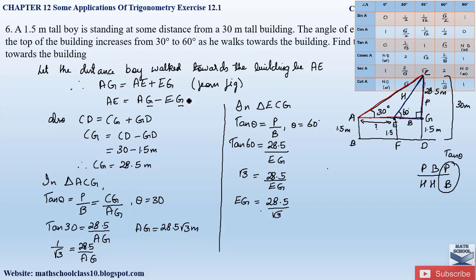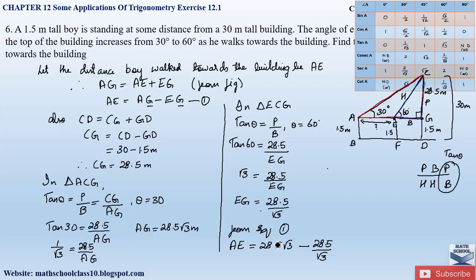If we assume this equation to be 1, then from equation 1 let us substitute the AG and EG values to find out AE, right? So AE is equal to AG, which is 28.5 into root 3, minus EG, which is 28.5 divided by root 3.